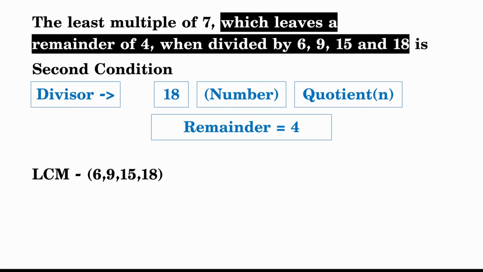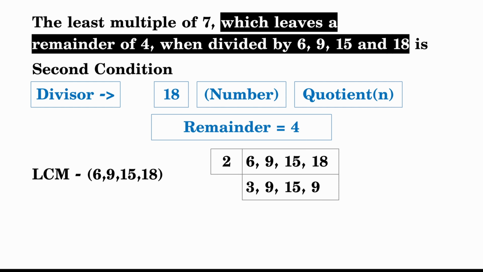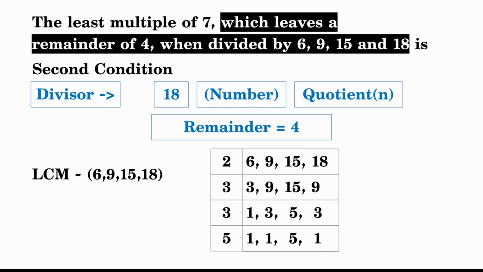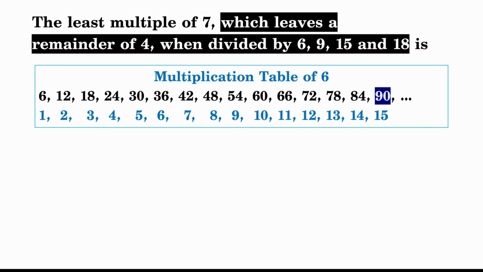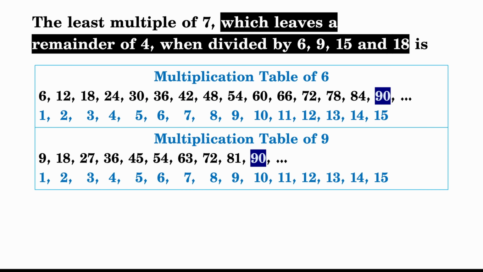So the first step we need to do is take the common multiple, meaning the common number that is a multiple of all the numbers here. So we can use the LCM. If we do the LCM of 6, 9, 15, and 18, the lowest common multiple is 90. Now, if you look at the multiplication tables, you could see that 6 times 15 equals 90, and in the 9 table, 9 times 10 would be 90.